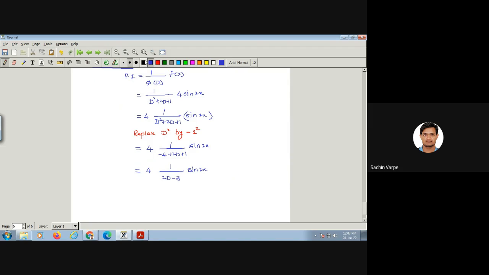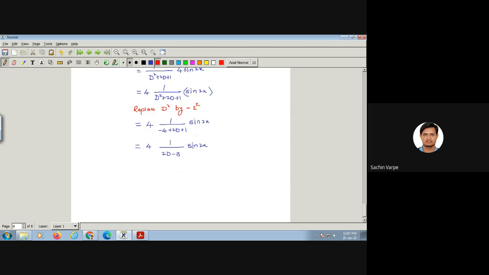Now still one more D is there in the denominator. So again, to use the case of sine, we need D square in the denominator. And to get D square, what we do then? We rationalize the denominator, right? So when I rationalize, means when I multiply and divide by its conjugate, that is 2D plus, sorry, this is 3 na, 2D plus 3 upon 2D plus 3 sine 2x.